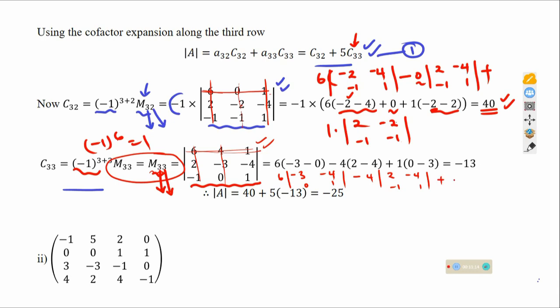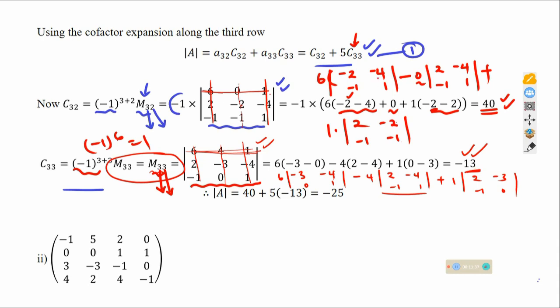Then again plus 1 times the determinant. After eliminating this and this, you will remain with 2, negative 3, negative 1, and 0. And possibly should be able to get this one here after you have thoroughly expanded the determinant. Of course, you will be able to get this, and it should be able to give you negative 13.